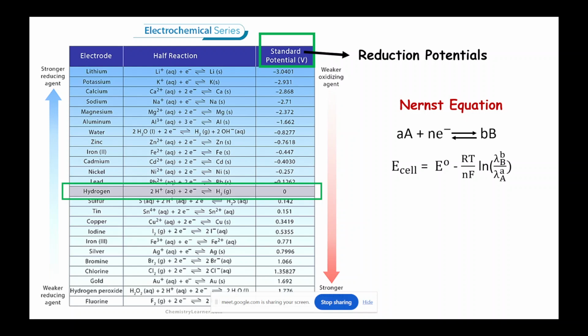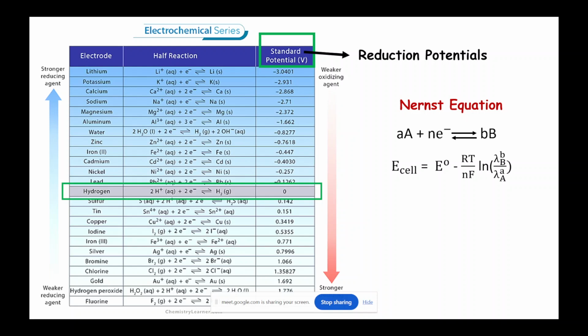To answer the last class question on why you cannot represent them in terms of oxidation potentials, you can absolutely represent them in terms of oxidation potentials. However, the magnitude will remain the same, but the sign will change.